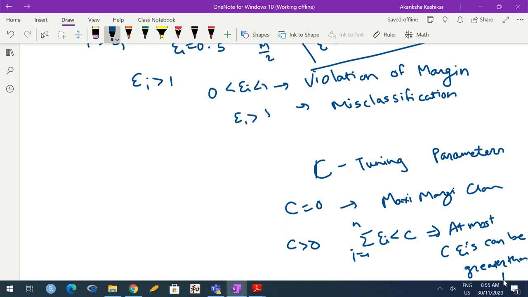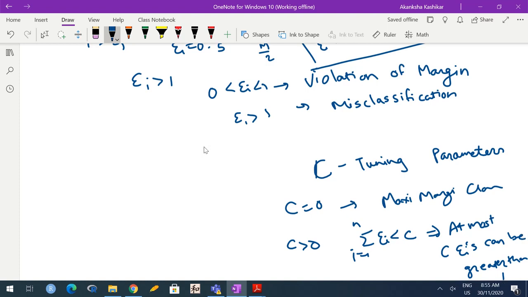It means that at most C observations can be misclassified out of n observations. Let me repeat. At most C observations would be allowed to get misclassified out of all n observations.